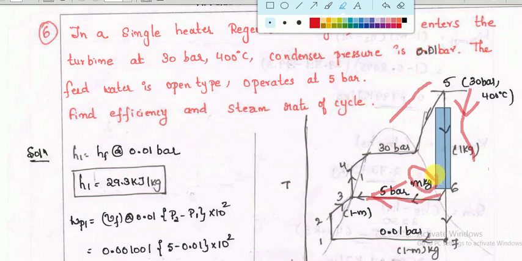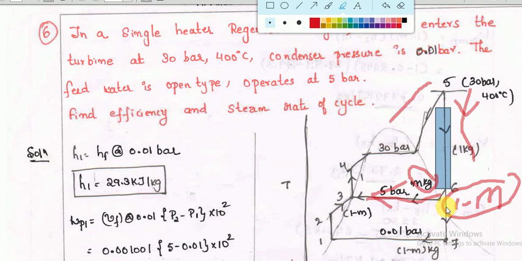The amount of steam is m kg. Out of 1 kg, m kg is removed, then what remains is 1 minus m kg.